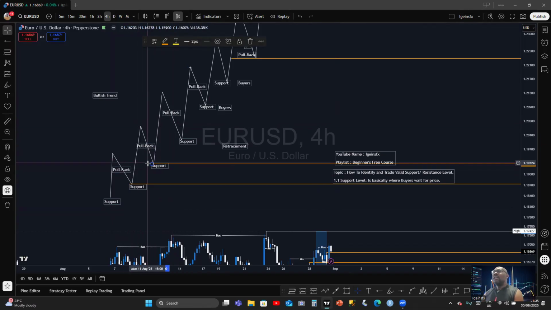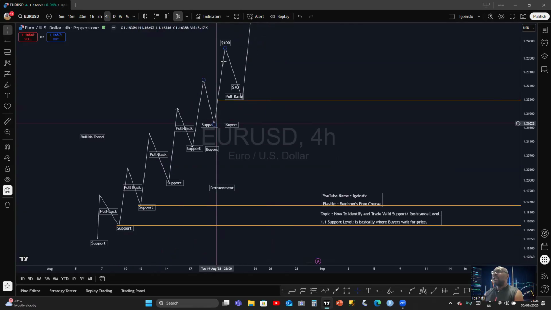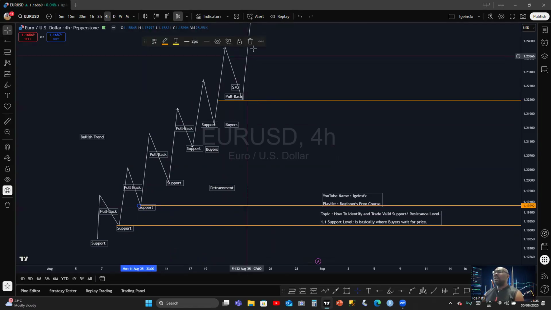As you come here, it creates a support, then price will push again to the upside. Like that. You wait for price here, you push, you come here, you wait, price will push to the upside, give you a new high, you wait for price here like this.